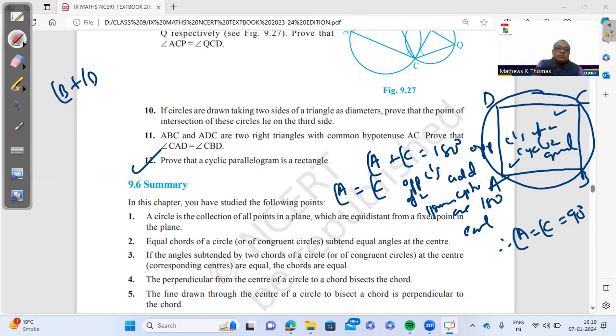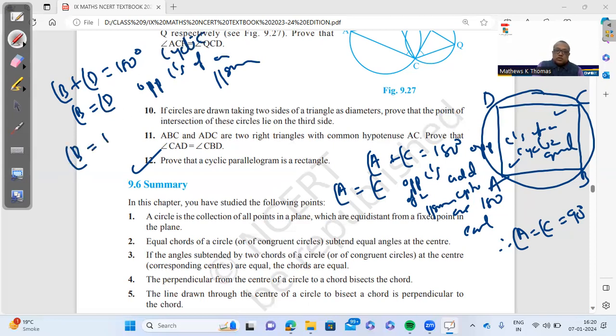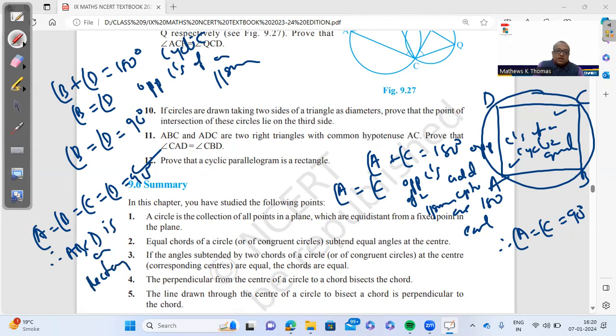In the same way, B plus D is 180 because it's cyclic, and B equals D because opposite angles are equal in a parallelogram. So this is cyclic, that's why it's 180. It's a parallelogram, so they are equal. Therefore, both the angles are 90. Now we have all four angles A, B, C, and D as 90. If all angles are 90, that figure ABCD becomes a rectangle.